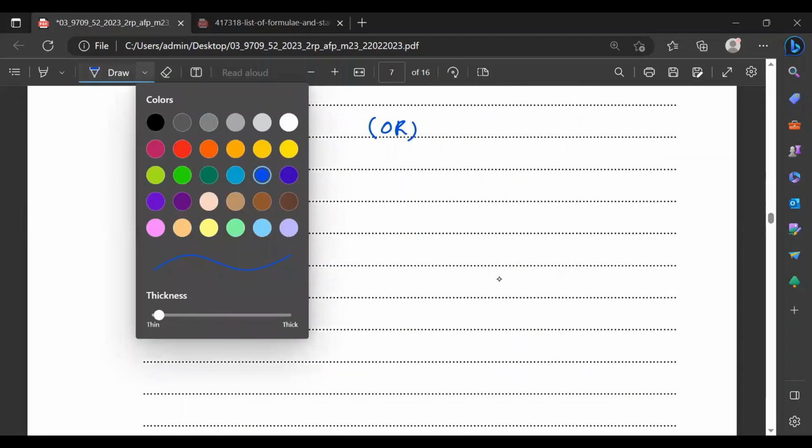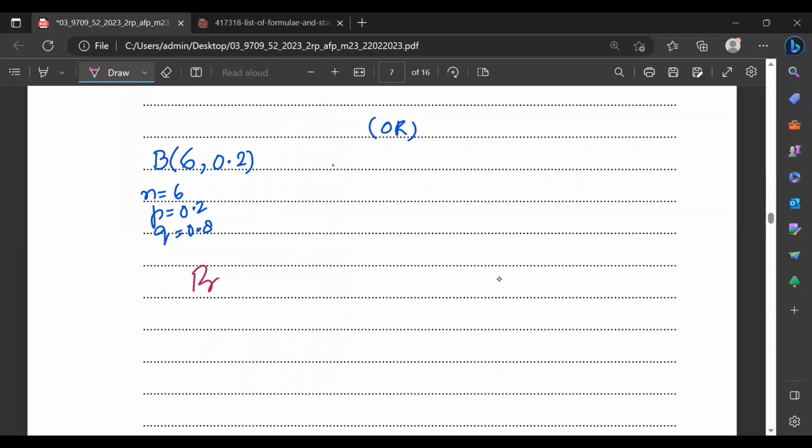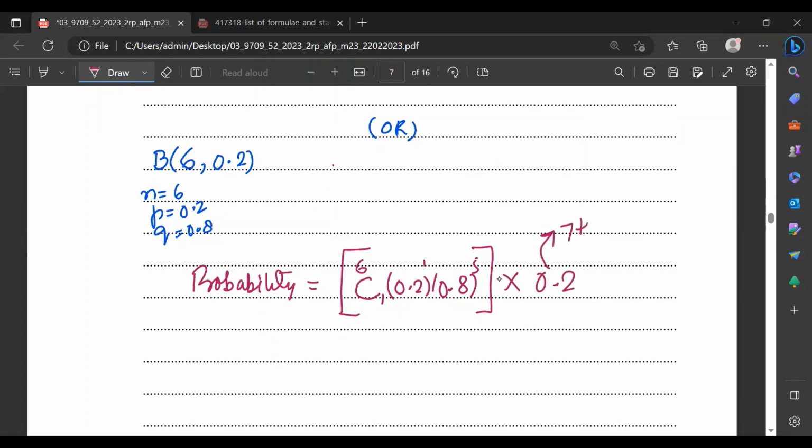The required probability is 1 out of 6 not in the favor in the first group, p to the power r and q to the power n minus r, and the seventh person 0.2. This is actually the seventh person.